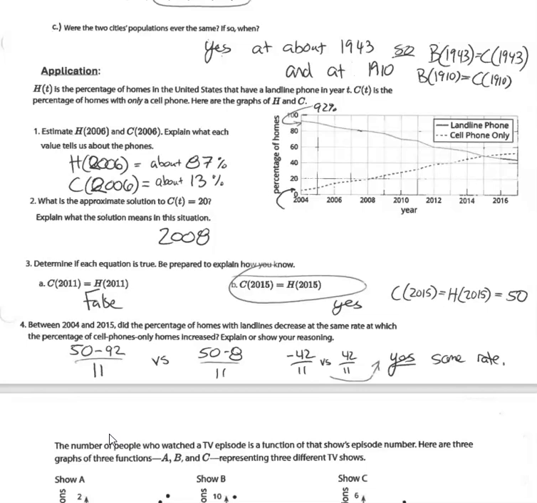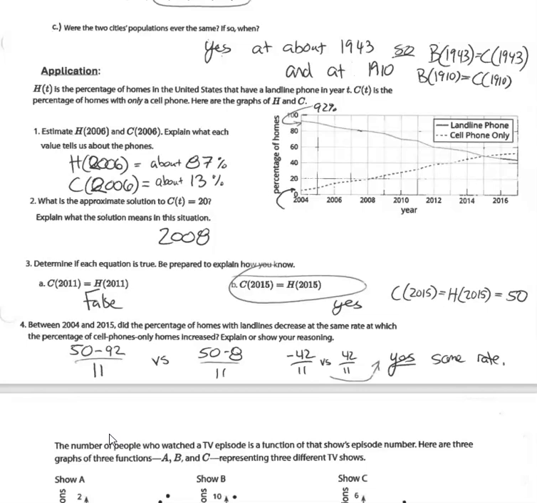The next one was looking at average rates of change, and it was wondering if the increase for cell phones was equal to the decrease of home. So I said that was about 92% for home in 2004 and about 8% when you were taking a look at cell phone. So I looked at the change.